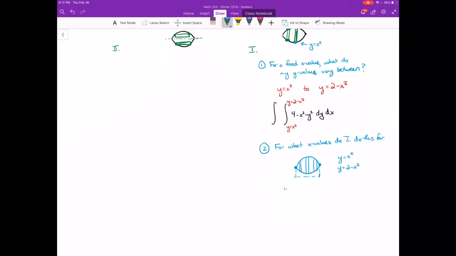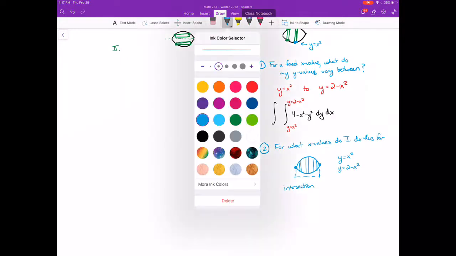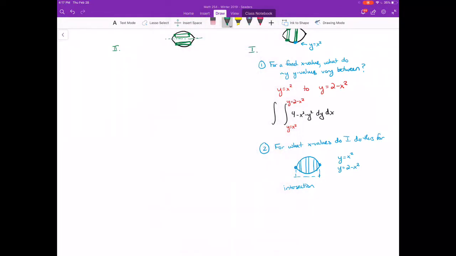So I'll look for their intersection. x squared equals 2 minus x squared. So 2x squared equals 2. So x squared equals 1, or x is plus or minus 1. So I do this from x equals negative 1 up to x equals positive 1.